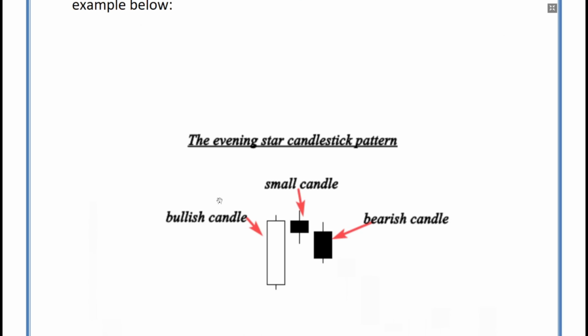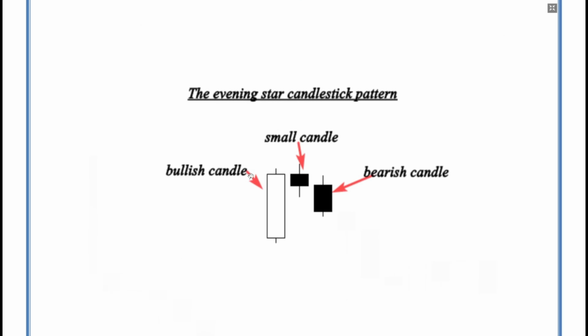Let us look at an example right here. This is the anatomy of the Evening Star candlestick pattern, whereby we have a large bullish candle, all right, a small candle that can be bullish or bearish, and a bearish candle. Again, ensure whatever broker you are using, you are able to differentiate between a bullish candle and a bearish candle.